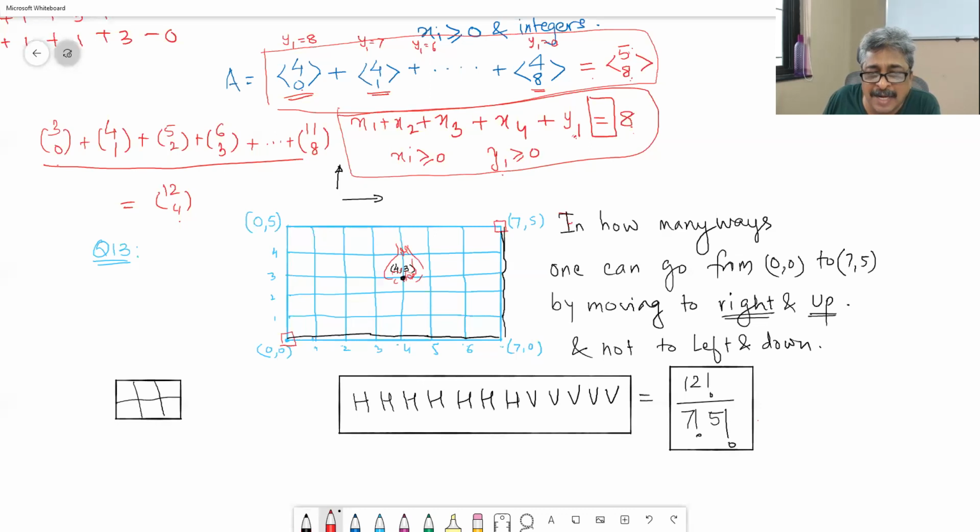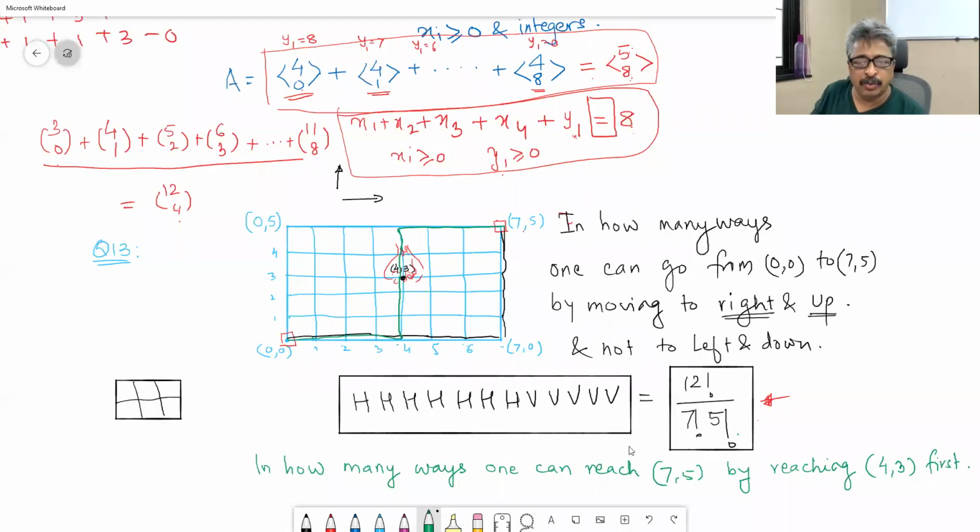So you cannot take that square, because in this count you have all possible ways of reaching 7,5. In this count there will be a route like this: you go here, you go here, and you go here. This route is counted, but now you cannot cross 4,3 because all the roads going to 4,3 are closed. Now in how many ways can you reach from 0,0 to 7,5?